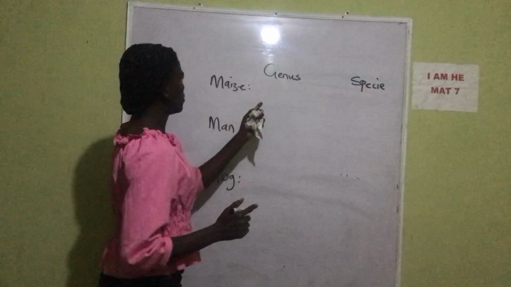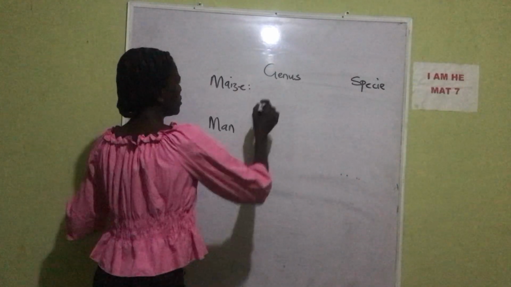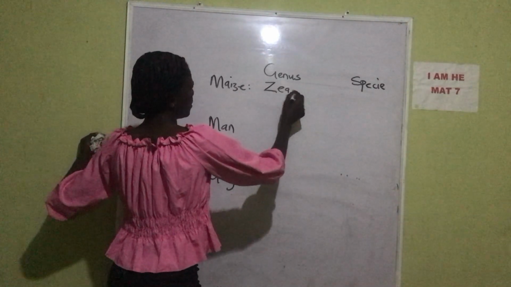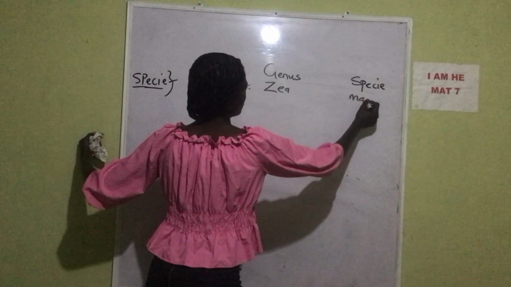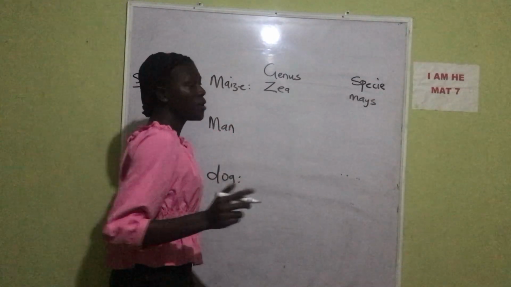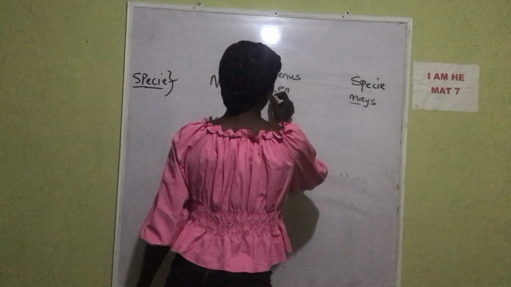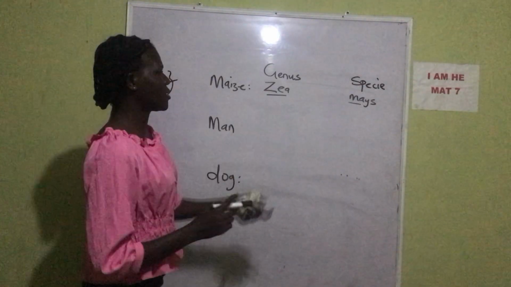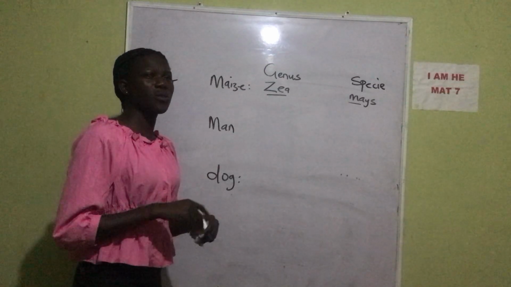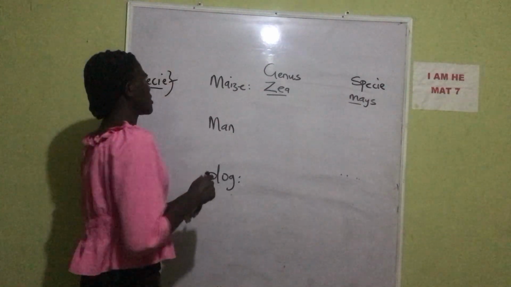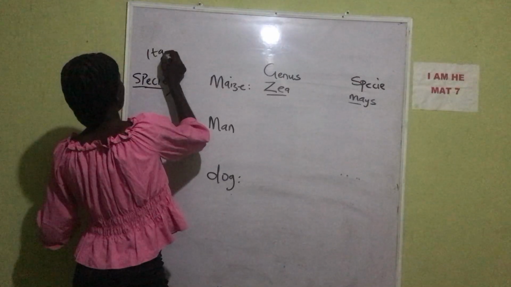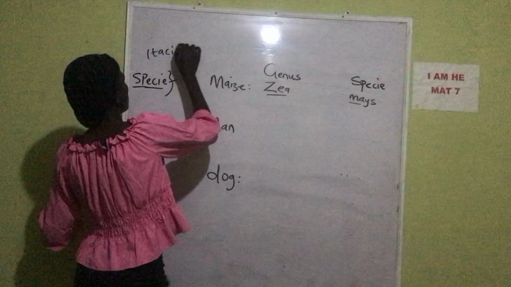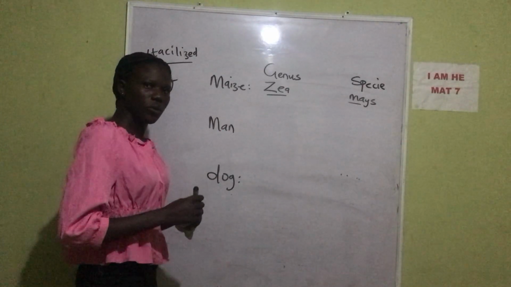The scientific name of maize is Zea mays. So you see what I'm writing? Z, capital letter, then mays, small letter. As soon as I'm writing, I have to underline it. But if I'm typing it, for instance, maybe you're given an assignment, you have to italicize it. Write it in italics.